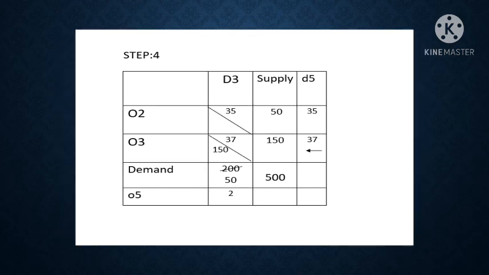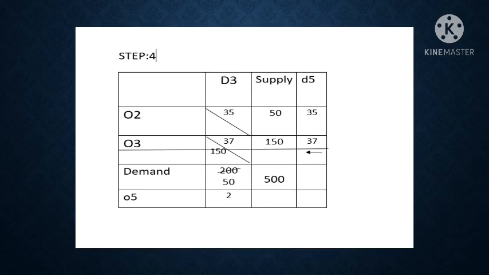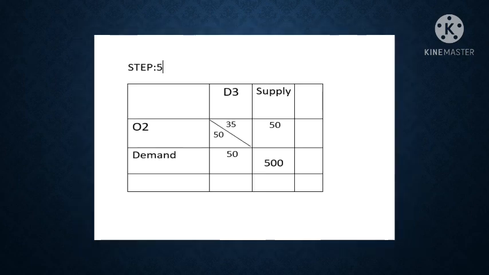Then the balanced transportation table has 35, 37. 37 is the largest number, so we allot 150 in 37 and subtract it from 200. That is 50. So we exhaust that O3 row, and the balance is this. Here both the demand and supply values are the same, which will be allotted in the remaining cell 35.